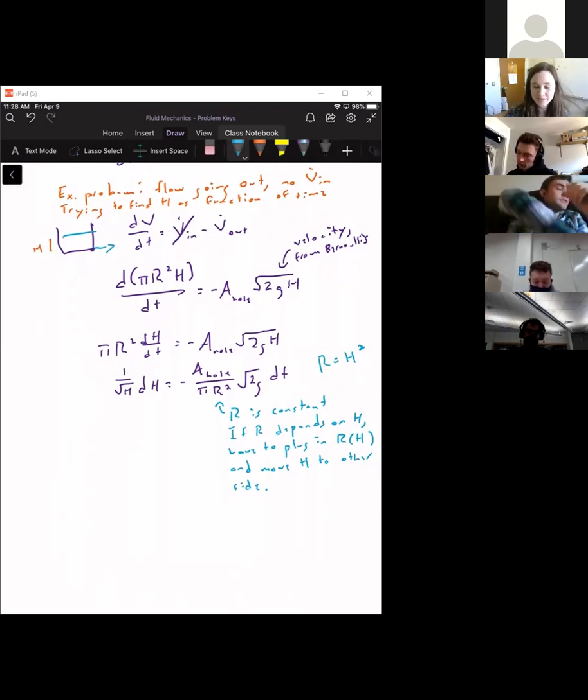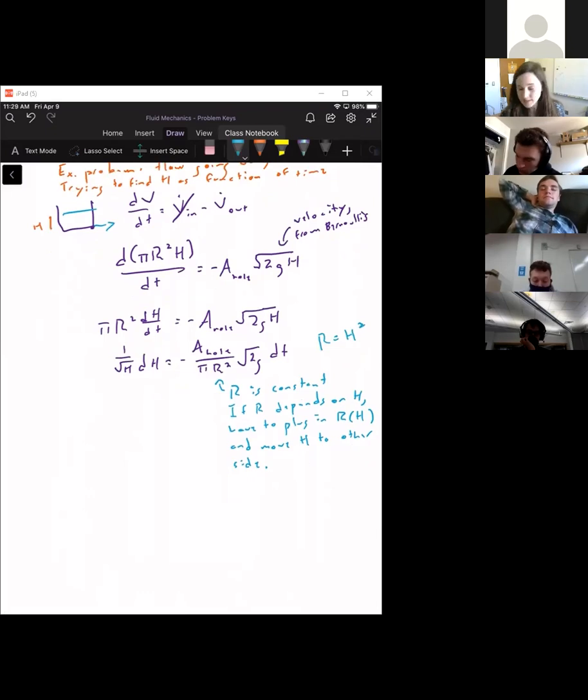And in general, when you integrate, if one of the things depends on the thing you're integrating with, you've got to put that in. That is the general idea. R would be the radius of the tank, because we're just trying to get the volume of this water.